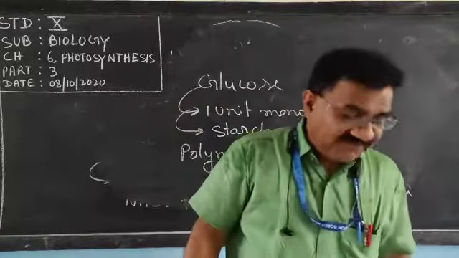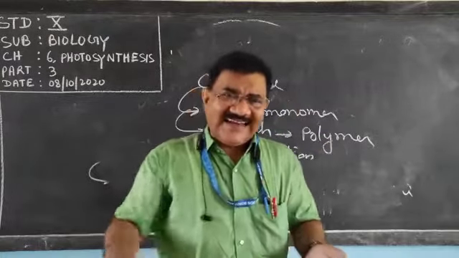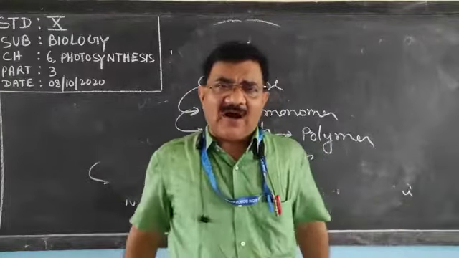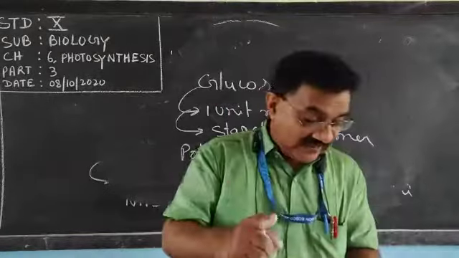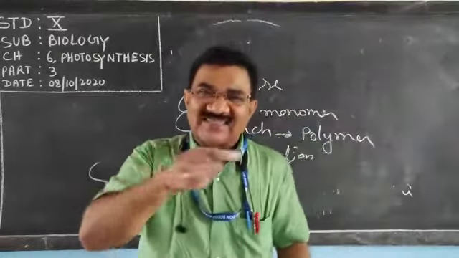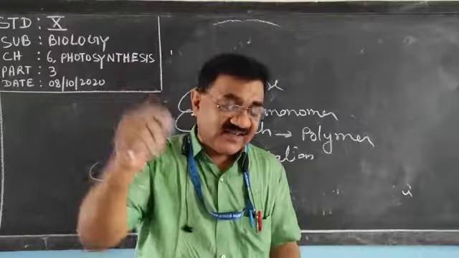Second thing, leaf arrangement. It is arranged at 90 degrees so that the maximum amount of light can be absorbed. The cuticle and the upper epidermis are thin and transparent so that light energy can pass.